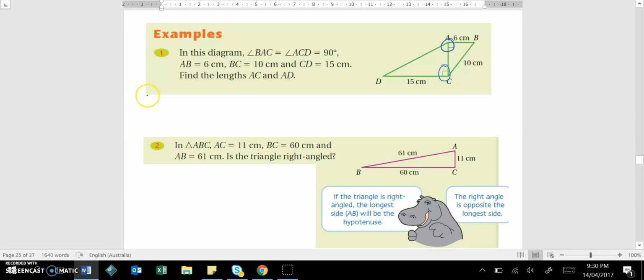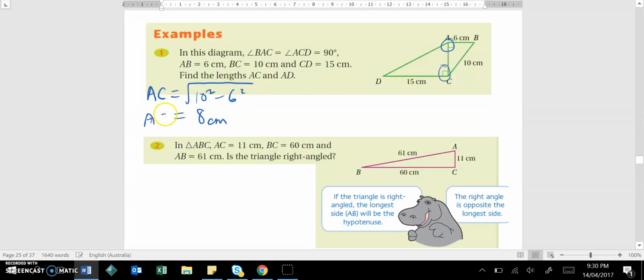Using Pythagoras' theorem and just skipping a line, AC is going to be the square root of 10 squared minus 6 squared, because they've already found the hypotenuse for me. Type that in your calculator and you end up with 8 centimeters.